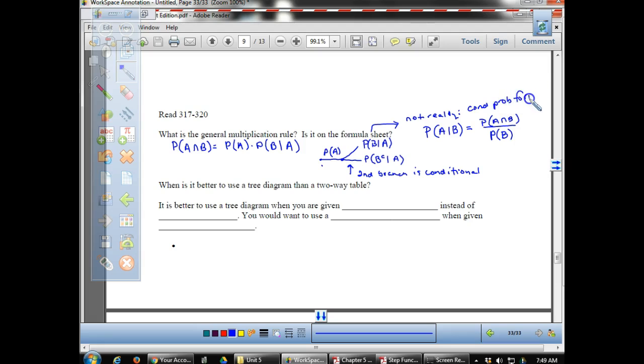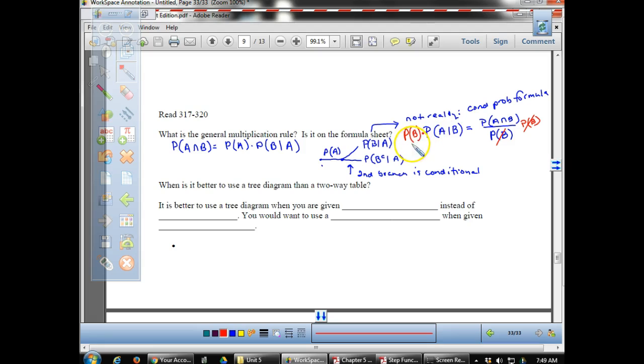So how does this relate? It relates in the manner that if I were solving for A and B right here, I would just cross multiply. So I'll just show you what that would look like. I would basically do probability of B here, cancel, cancel, and then I would have probability of B here.